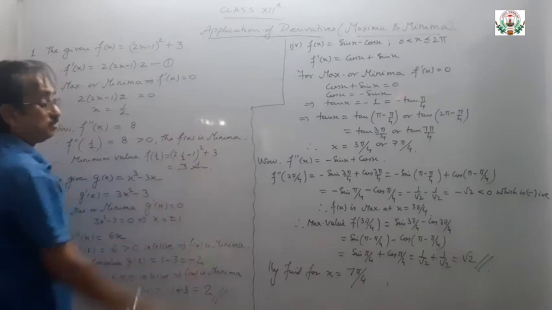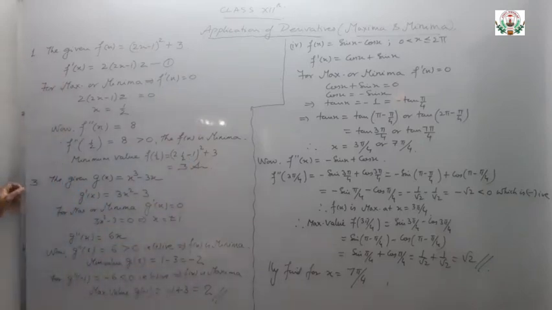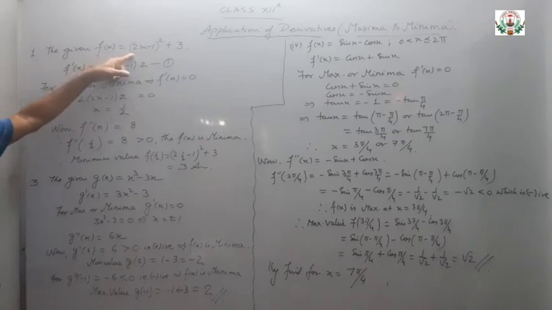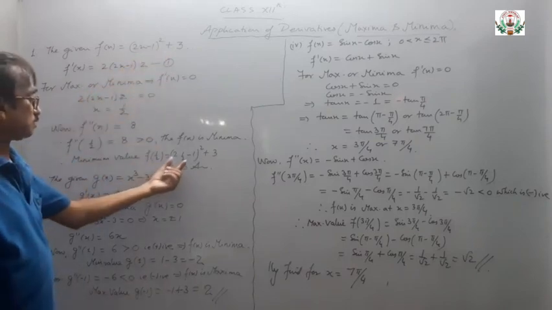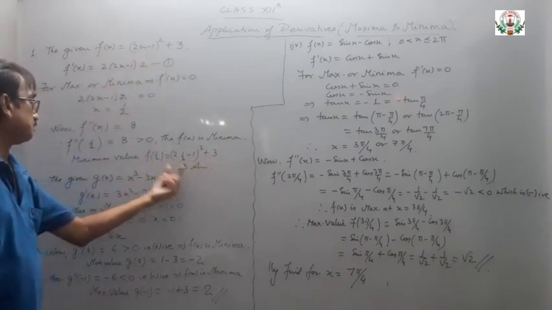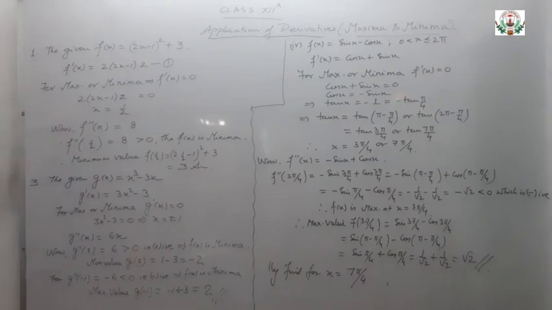Then the function will be minimum, and its minimum value will be calculated at this point 1 by 2 by putting the value in the function. F of 1 by 2 is 2 into 1 by 2 minus 1 the whole square plus 3, that becomes 0 plus 3. The minimum value of this function is 3.